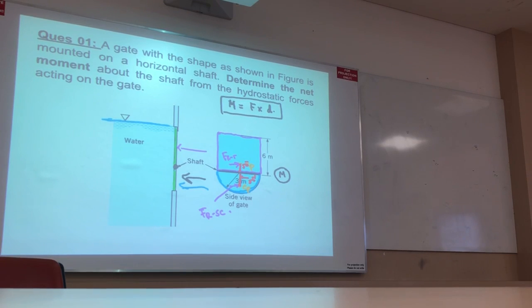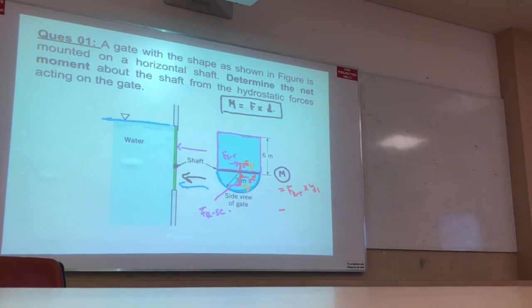Then M becomes F rectangular shape times y1 minus F semicircular shape times y2. This is the moment, right?